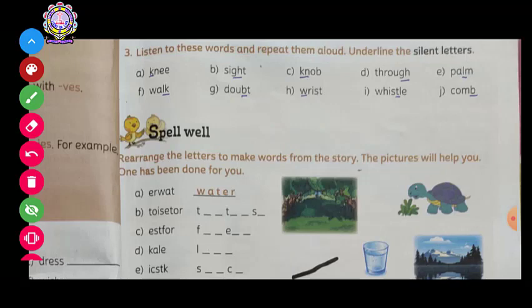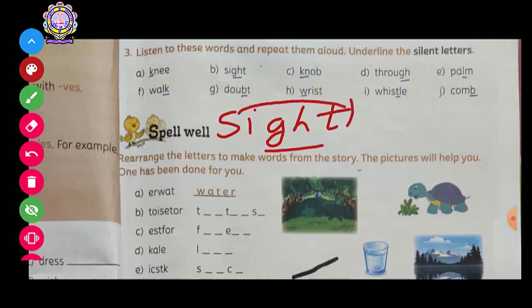Next word is sight. So GH is silent. The pronunciation is "sit", isn't it?